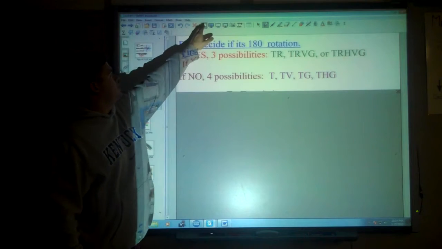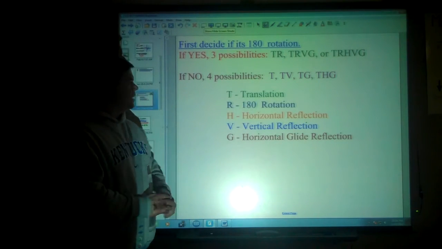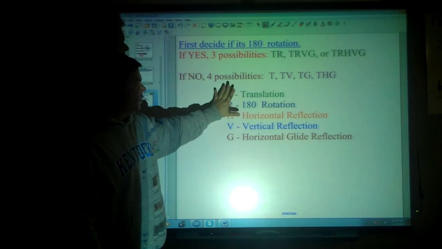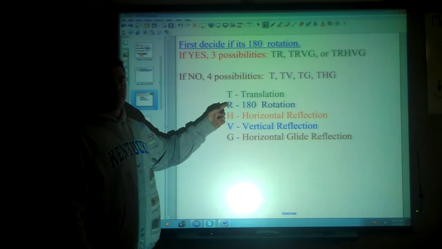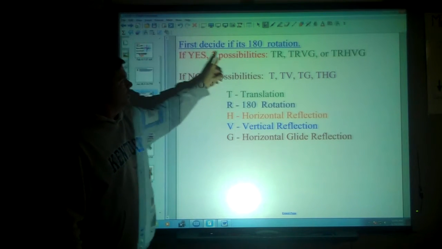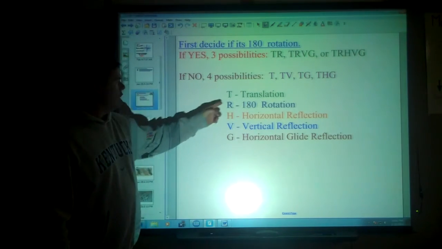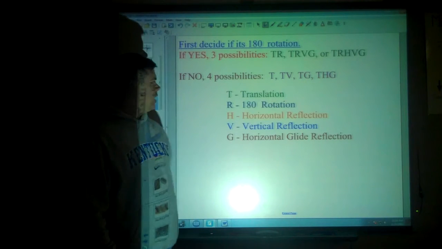And here's what all those T's and V's and everything represent. Translation is for T. That simply means that the shape just slides and matches up with itself and slides and matches up with itself. R is rotation. That's the first question we asked. You'll notice that R is in each one of these, but R is not down here. So for R, the object is going to rotate and fit, rotate and fit.